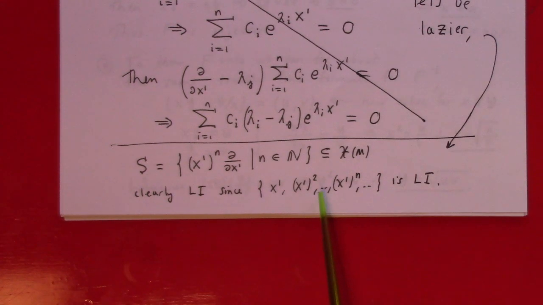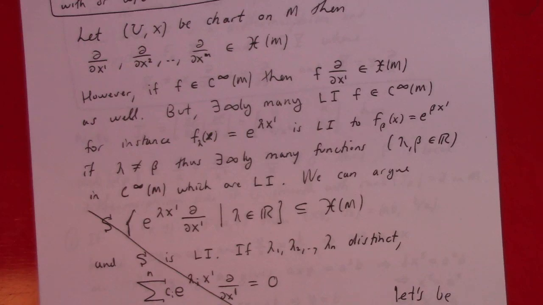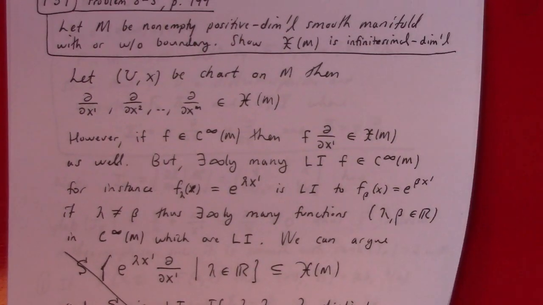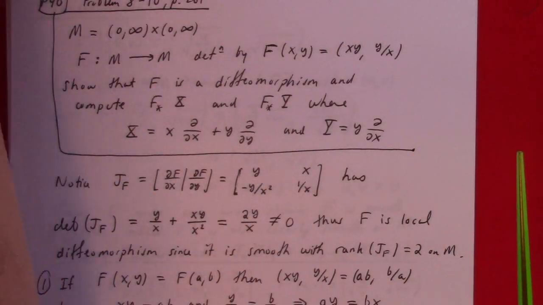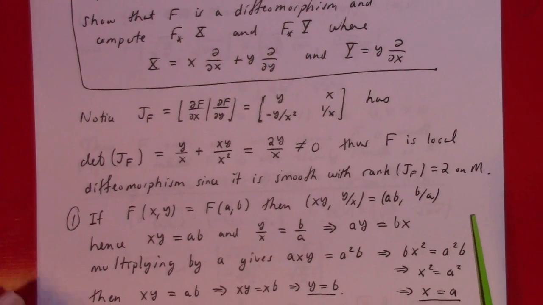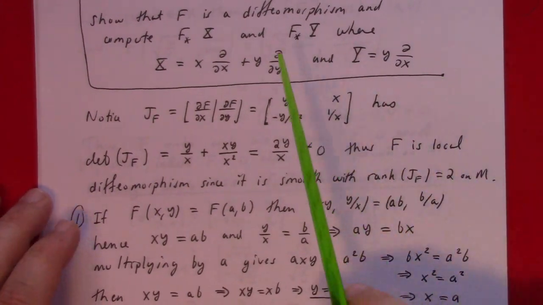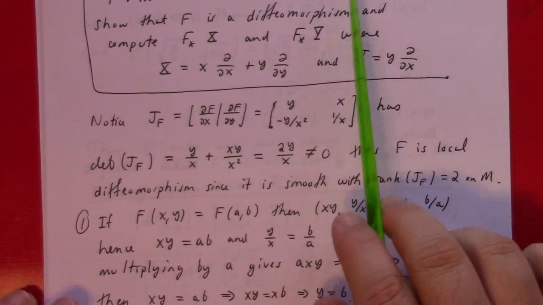But we know that that's linearly independent from linear algebra, so yay. And if you have a linearly independent set of arbitrarily large size, that proves it's infinite dimensional, right? So yeah.